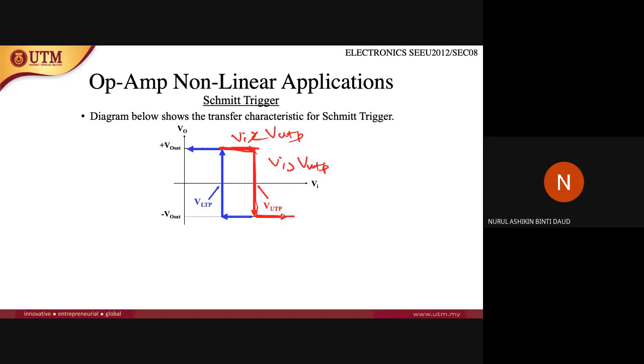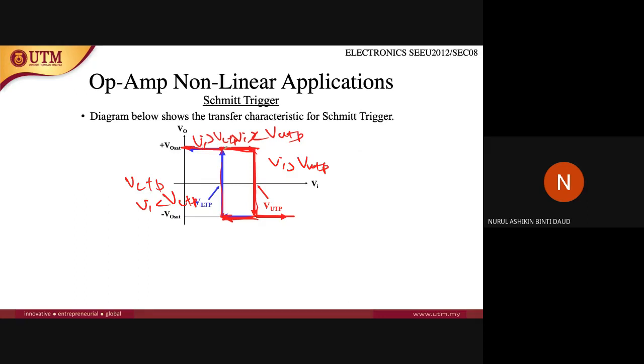Now you have to calculate for the VLTP. When VI is lesser than VLTP, from here it goes to this part, and it becomes negative VO saturation. Then from here, when VI is bigger than VLTP, it will automatically go up and go near the VO saturation.